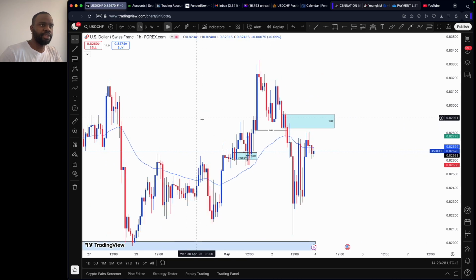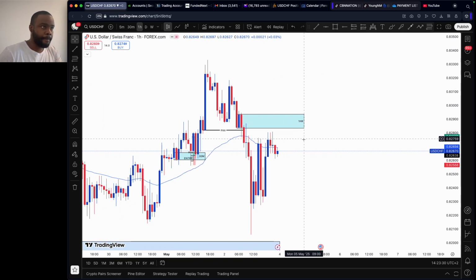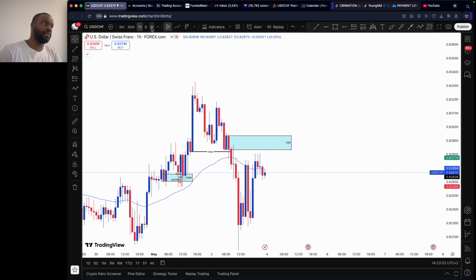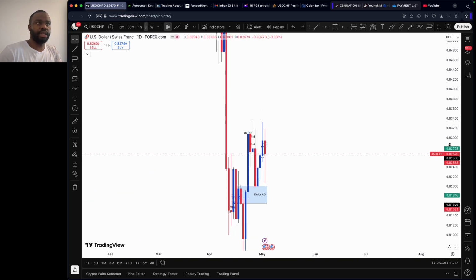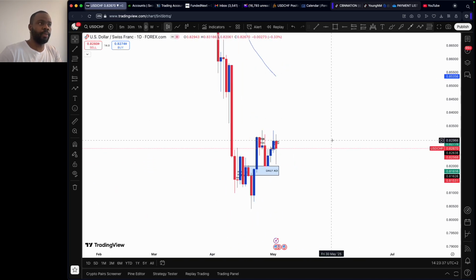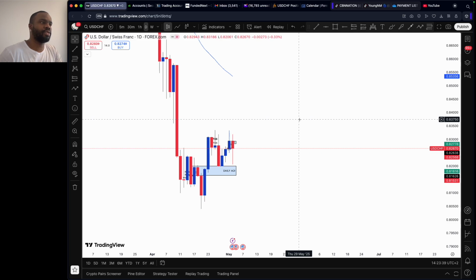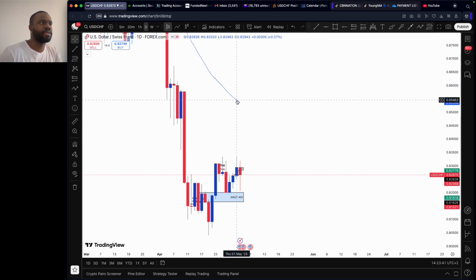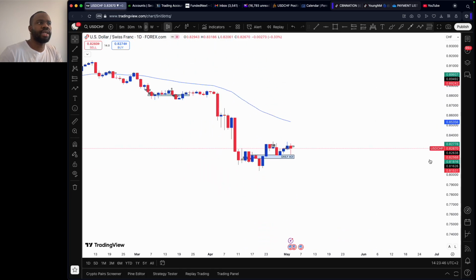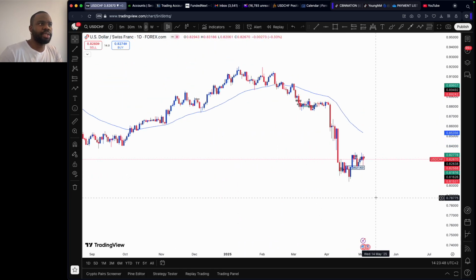So these are the two-way scenarios on USD CHF. The 1 hour is bearish, so I'll be looking to sell, but if it does otherwise, then I'll just continue to buy with the daily time frame because of the shift of structure. And why I'm focusing on either buying or selling is because of this EMA that is above the daily time frame. It shows that the sell pressure is still in this market.